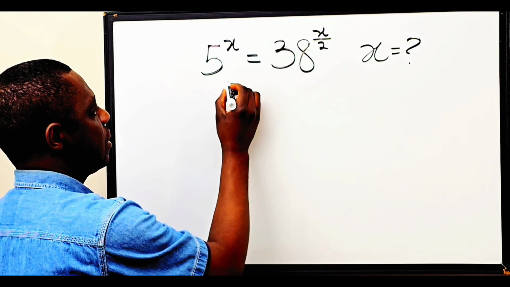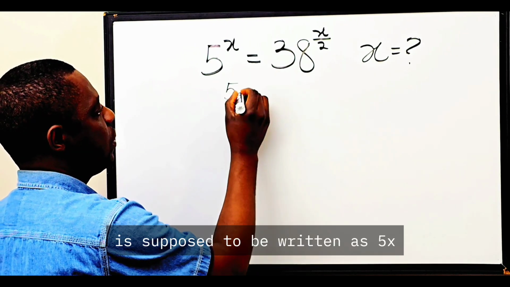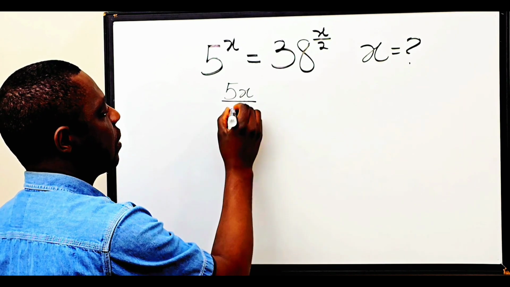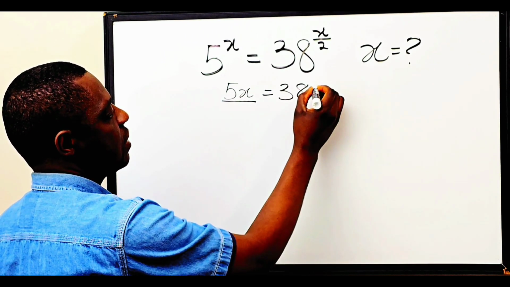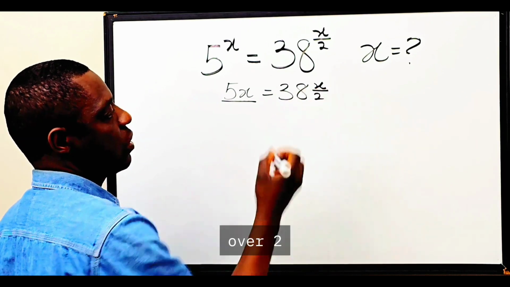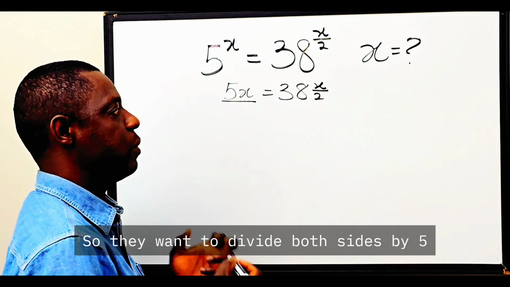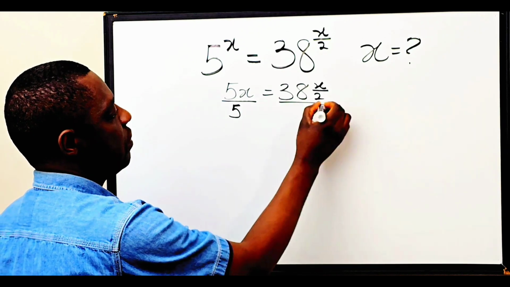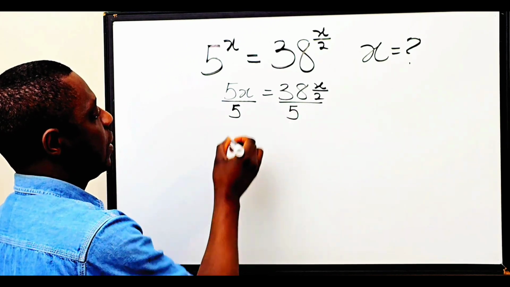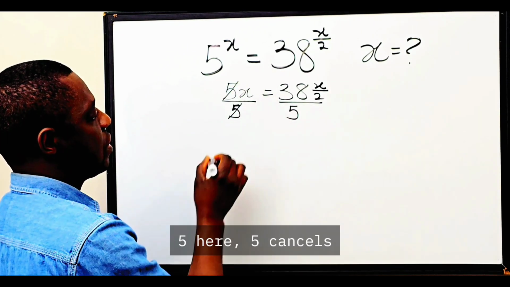this question is supposed to be written as 5^x equals 38^x over 2. So they want to divide both sides by 5. And when you do that, if you divide it by 5 here, 5 cancels.